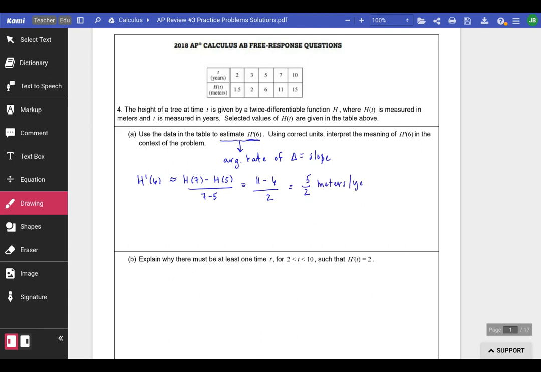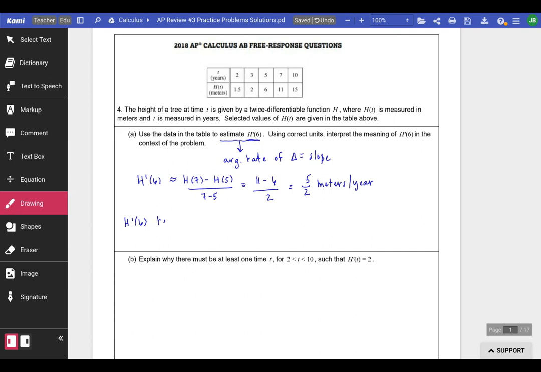per year. Now it says to interpret the meaning of h prime of 6 in the context of the problem. So h prime of 6, the derivative, we know is the instantaneous rate of change. So in this case, it represents the rate that the height of the tree is changing at the given time t equals 6.